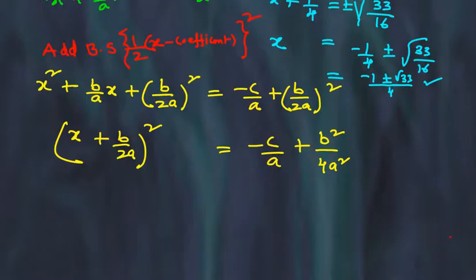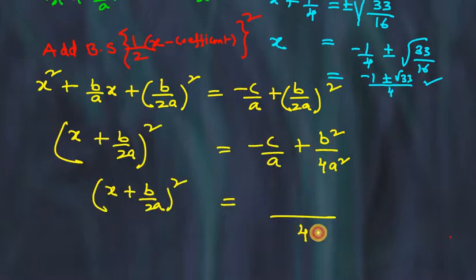So if I go for further simplification, x plus b by 2a whole square is equal to, the LCM is 4a square, so 4a square with a, so we have to multiply with 4a. As simple as that, a into 4a, you are getting 4a square. So with 4a you have to multiply it.